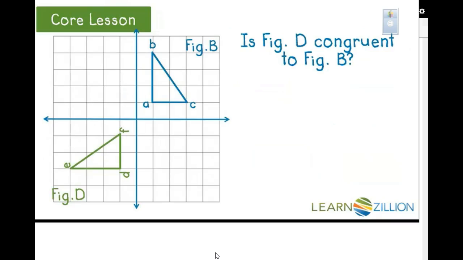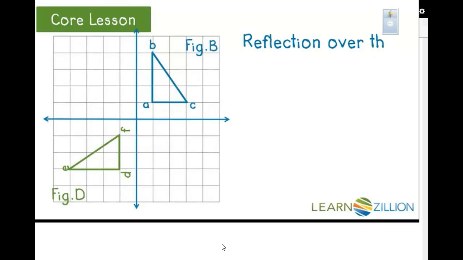Is figure D congruent to figure B? Let's investigate by first just looking at the 2 triangles. I can't get to figure D using a single translation. I can't get there by using a single reflection, nor can I get there by using a single rotation around the origin. Is figure D the image of figure B after a sequence of transformations?